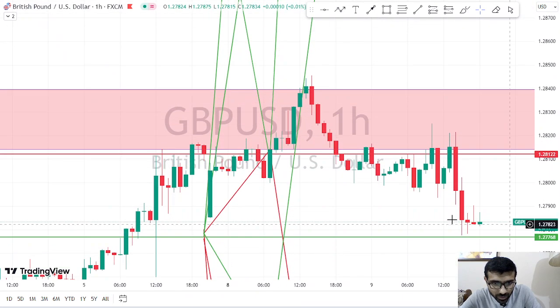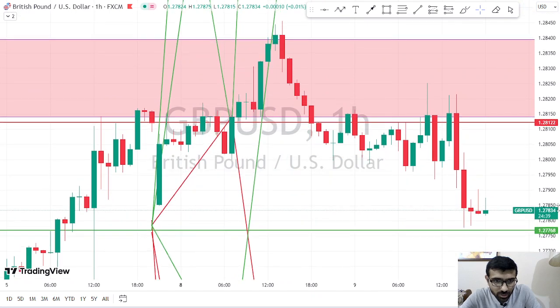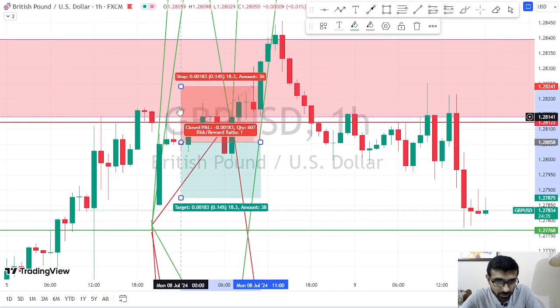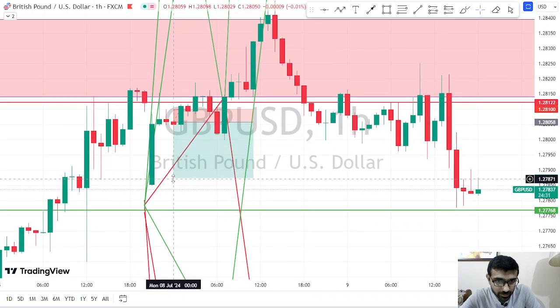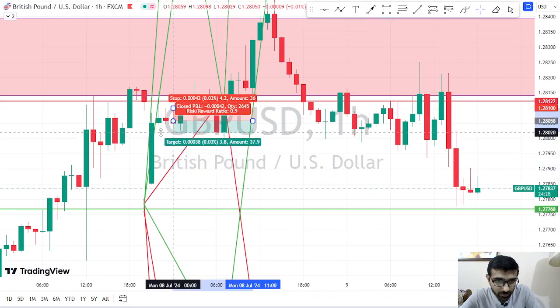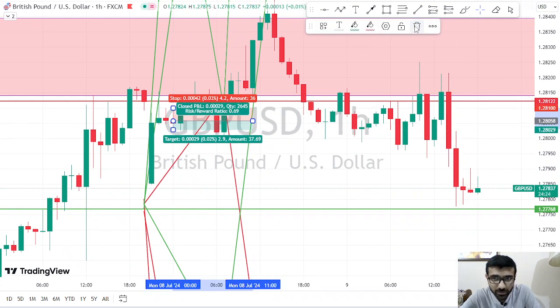Let me zoom in a little bit for you guys. So let me take all the possible trades. So this will be our first possible entry. Our stop loss will be just above this previous candle, and our take profit will be approximately over here, giving us a 0.6% profit.